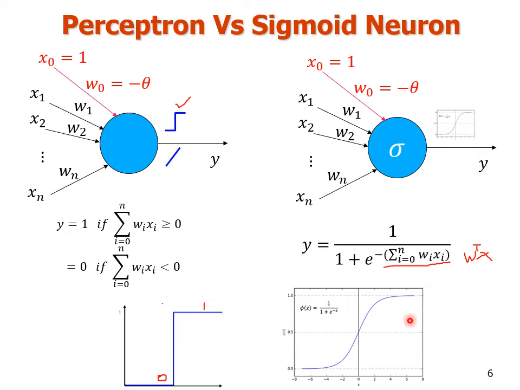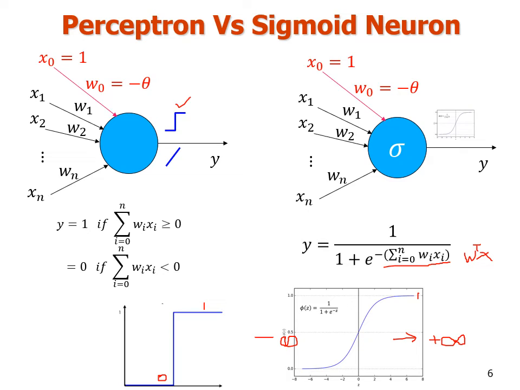So if you try to interpret this sigmoid function with this plot, you can observe that as the input goes to plus infinity, the output reaches 1, and if the input goes to minus infinity, the output goes to 0. Also you can observe here, if the input is 0, the output becomes 0.5.